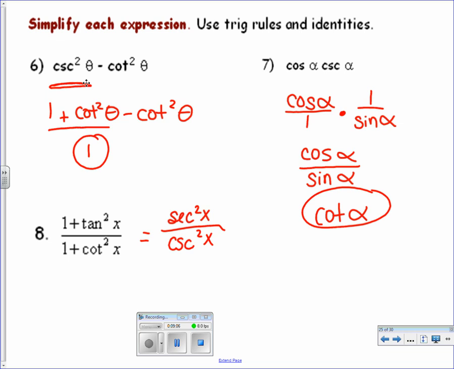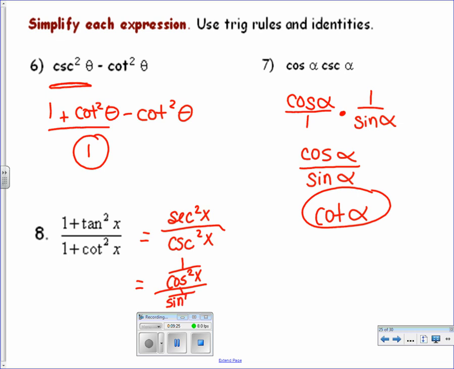Now you might think we're done. We're not. Because what really can we do to secant? Secant is really 1 over cosine. What is cosecant? 1 over the sine.